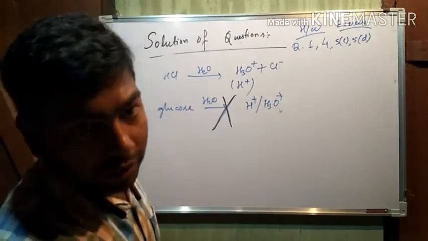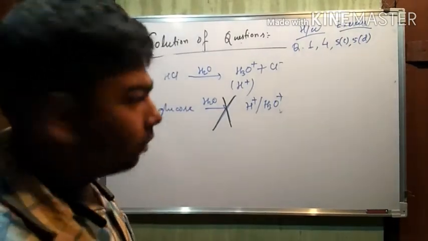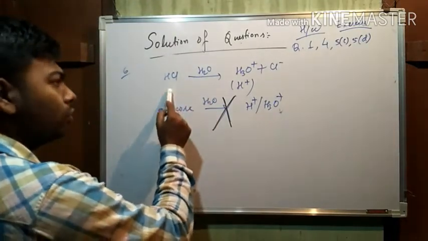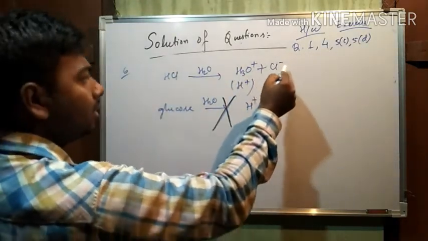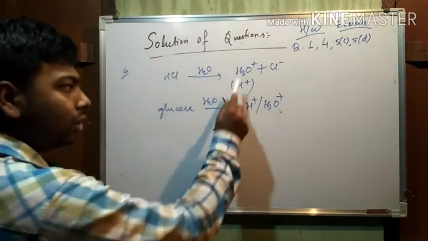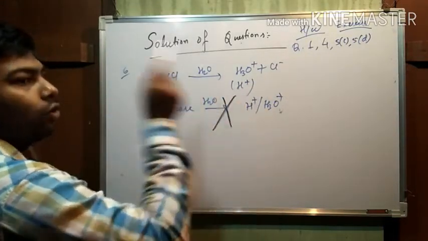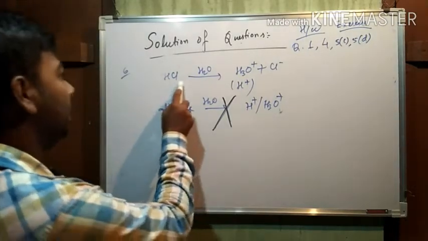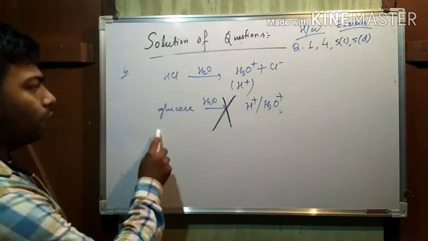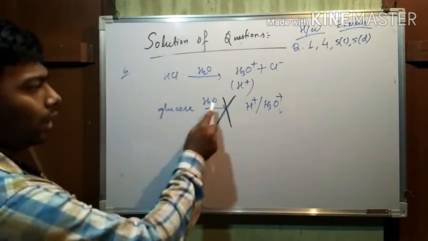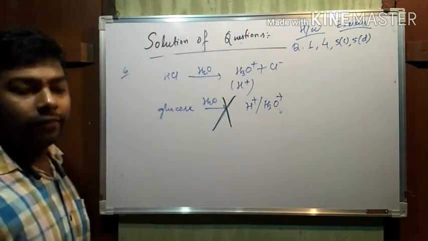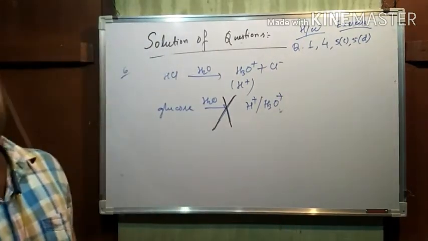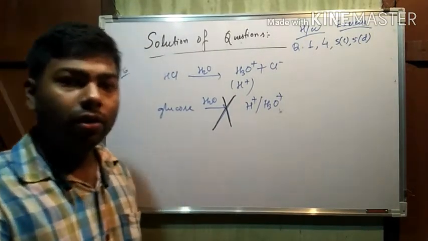Remember, you have to write in this language: when HCl reacts with water, it produces H3O positive and Cl negative. H3O positive means H plus, which is responsible for the acidic character of HCl. But in the case of glucose, when it reacts with water, it does not produce H plus or H3O positive. That's why it is not termed as an acid.